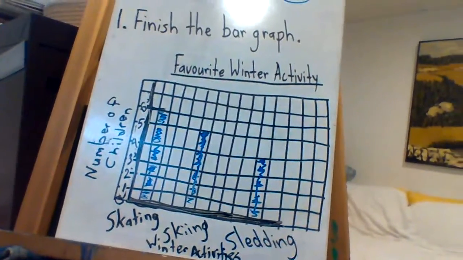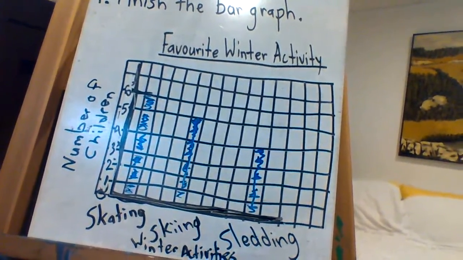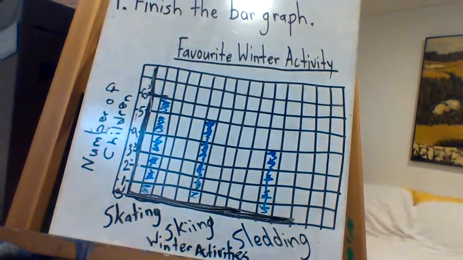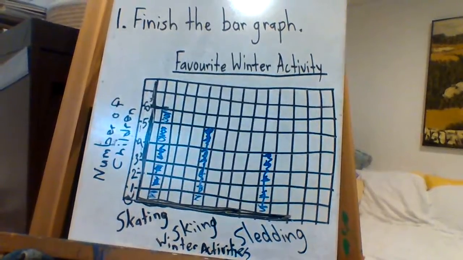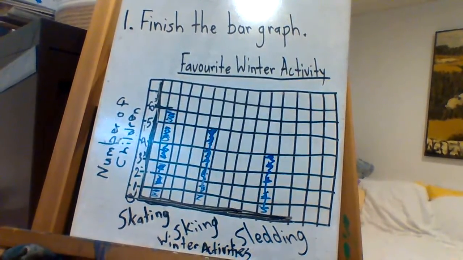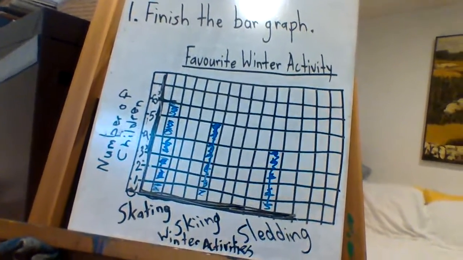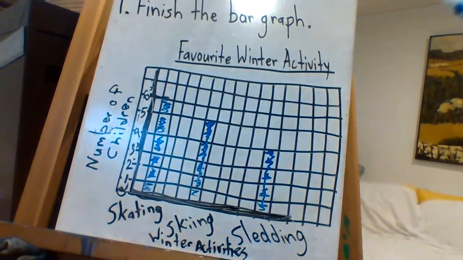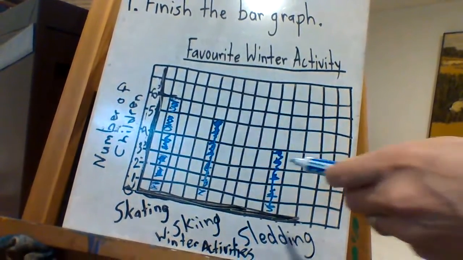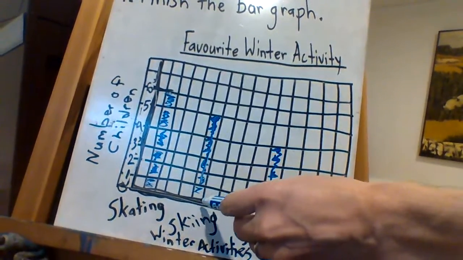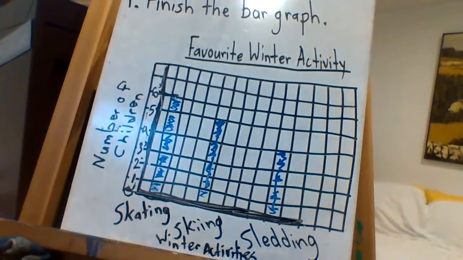Okay, so now write 3 things you know from the graph. Now you don't have to be tricky, boys and girls. I know some people ask, what do I do? Well, you could say 6 people in Mr. Shanker's class chose their favorite activity as skating. 5 people in Mr. Shanker's class chose their favorite activity as skiing.